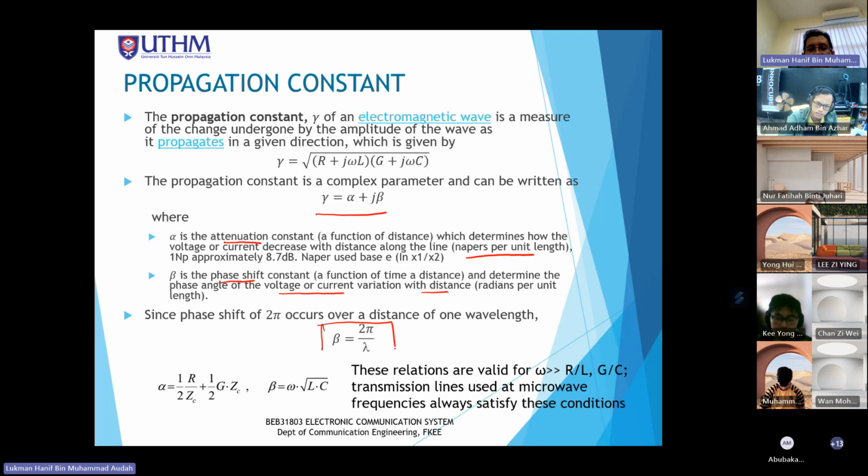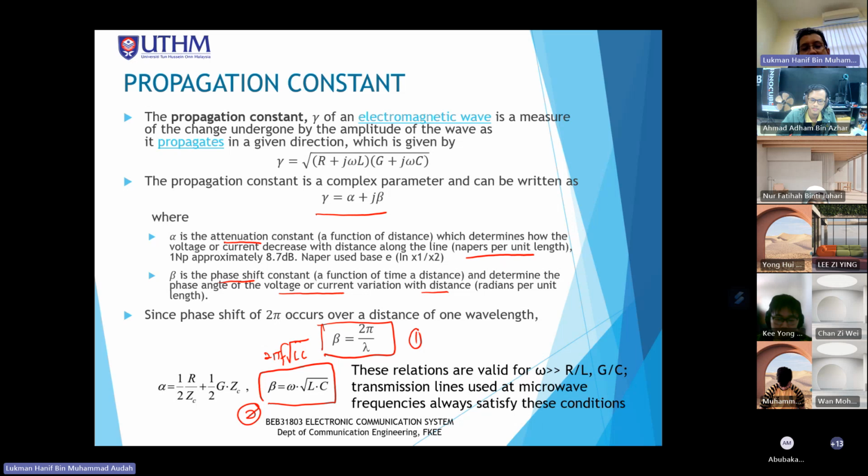This is the first equation for beta. The other equation for beta is omega times square root of LC, which is 2 pi f square root of LC, where f is the frequency of transmission. This is the second equation.